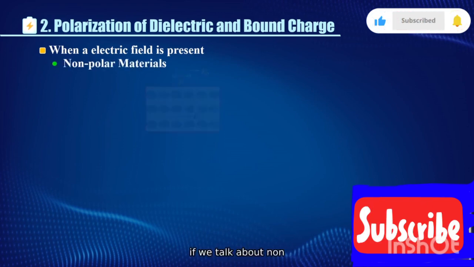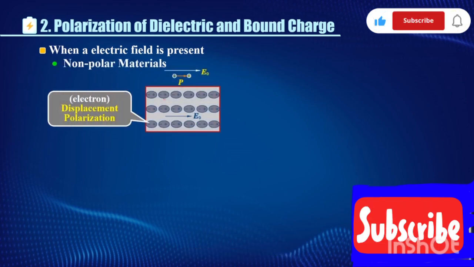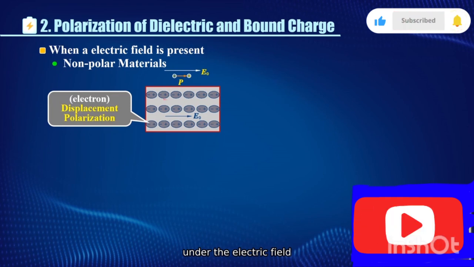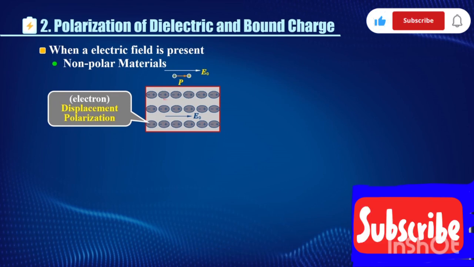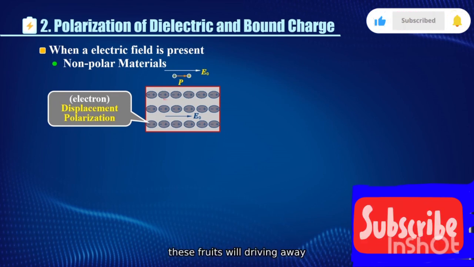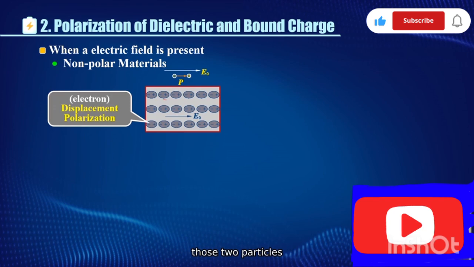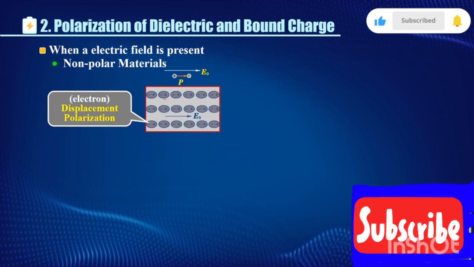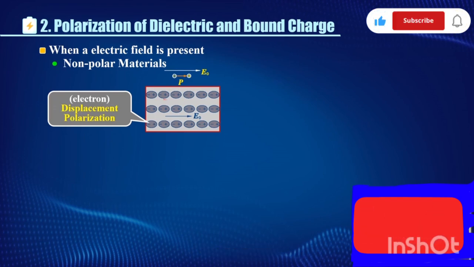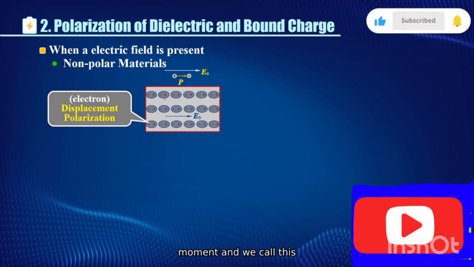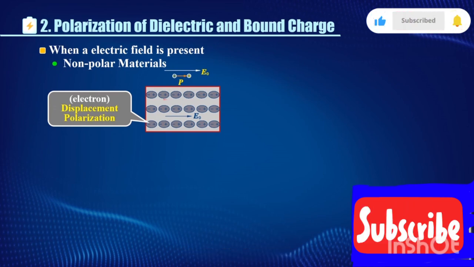Now let us talk about when there is an electric field. For non-polar molecules, under the electric field, the positive and negative charges experience an electric force, and this force will drive those two particles apart. Such a displacement causes a finite dipole moment, and we call this displacement polarization.